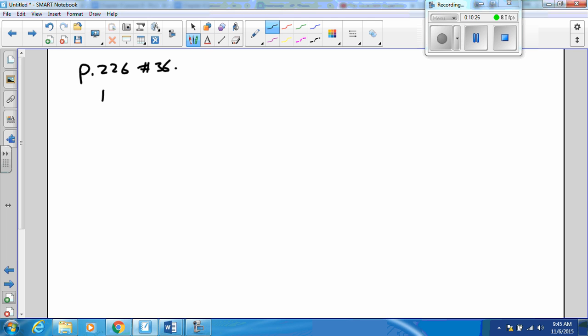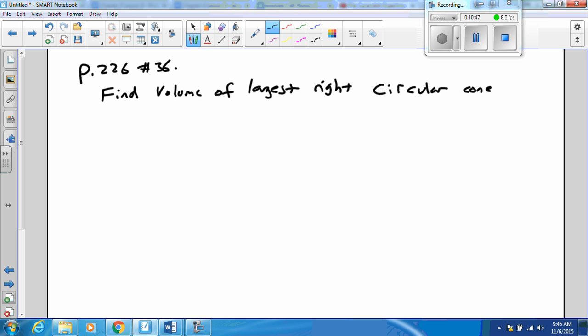Find the volume of the largest right circular cone that can be inscribed in a sphere of radius 3.